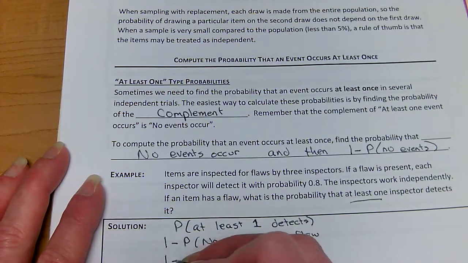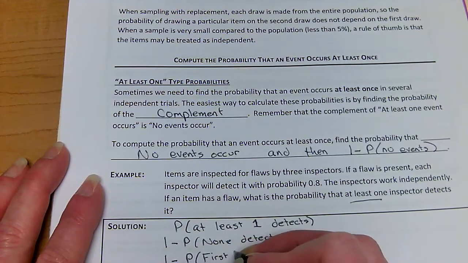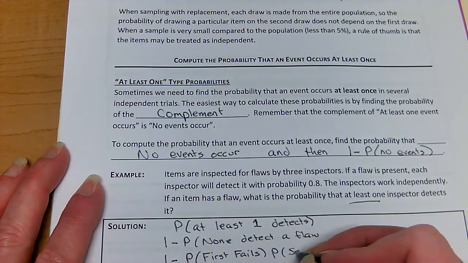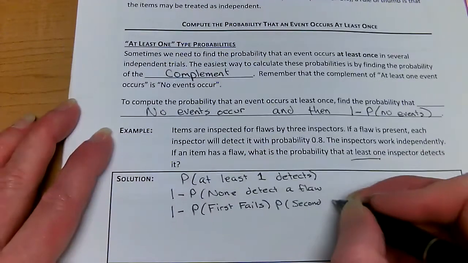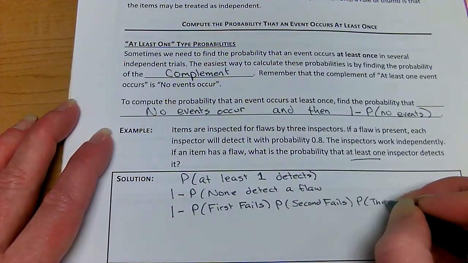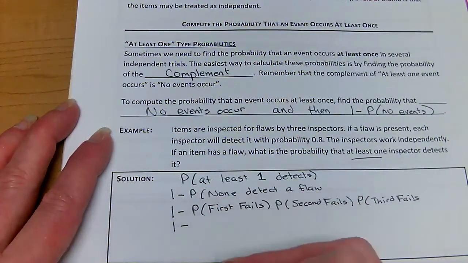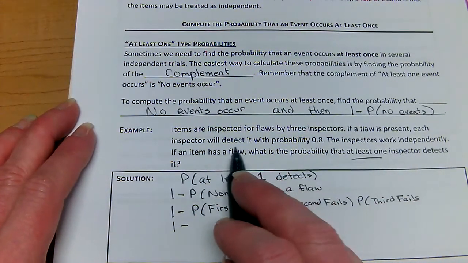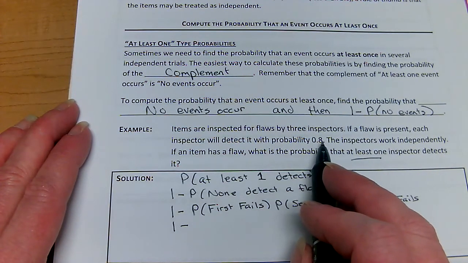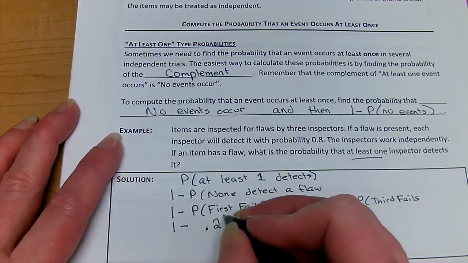So I'm going to think about it this way. That means it's the probability that the first fails times the probability that the second fails times the probability that the third fails. So 1 minus the probability that the first fails. So he's going to detect it at a rate of 0.8. So failing to detect would be 0.2.